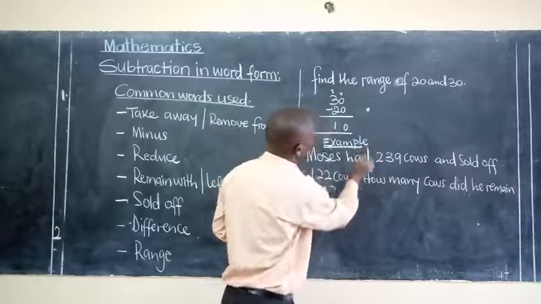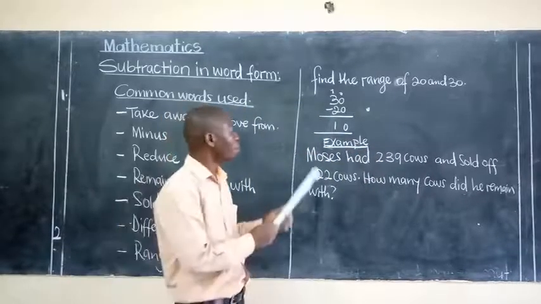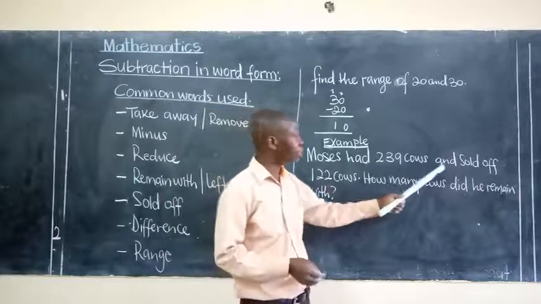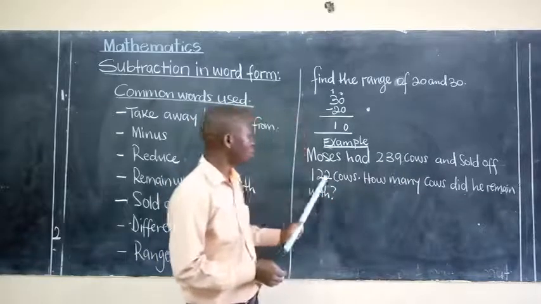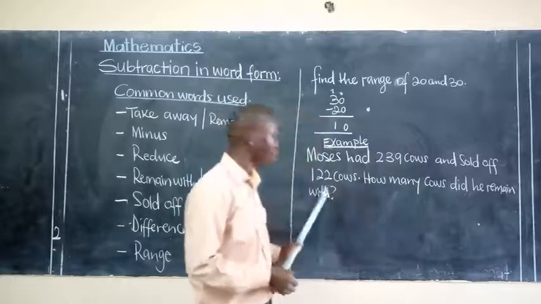This is our example. Now let's try to read this. Moses had 239 cows and sold off 122 cows. How many cows did he remain with?